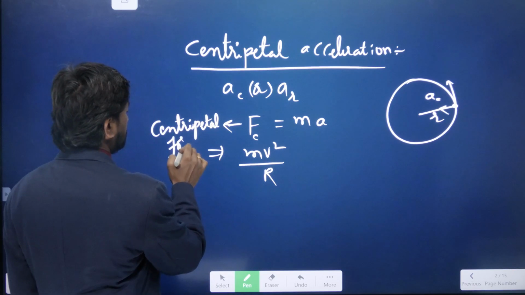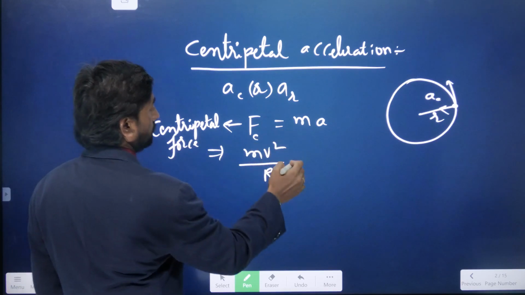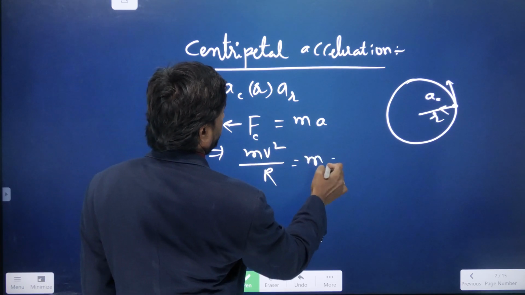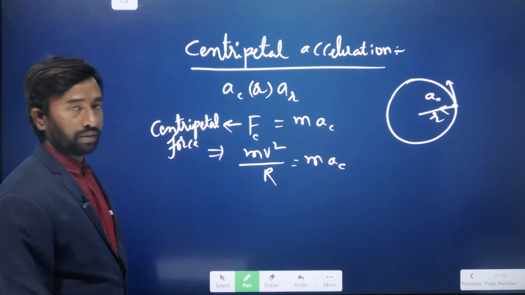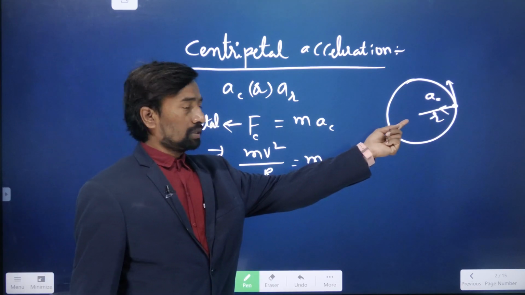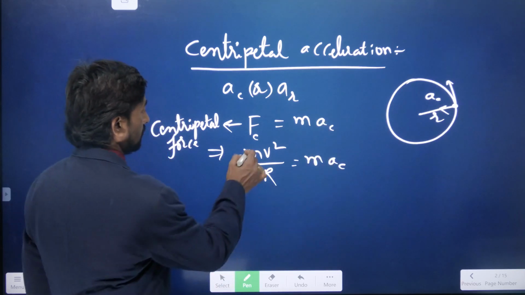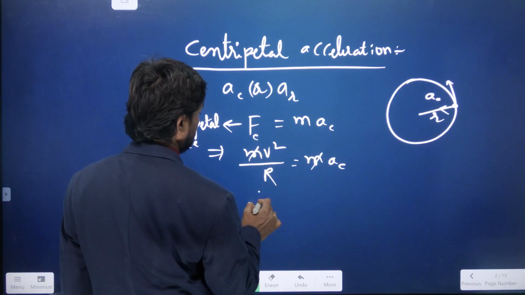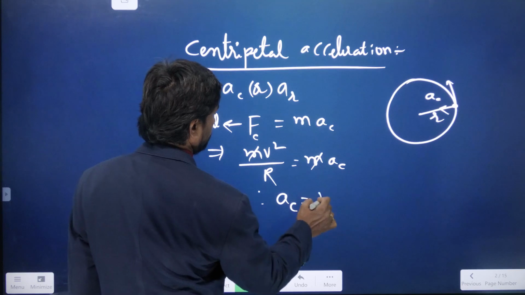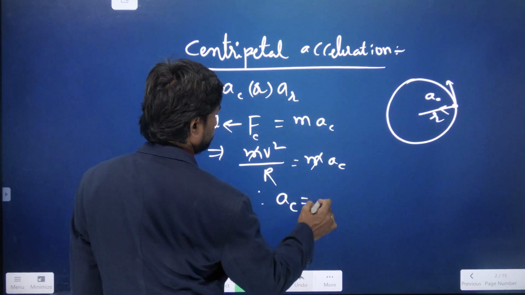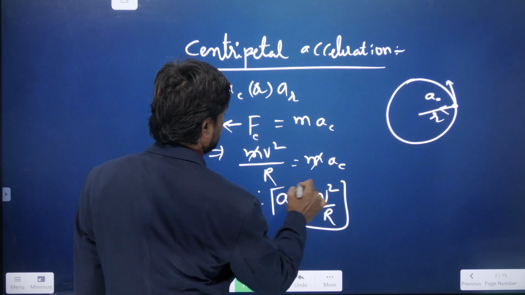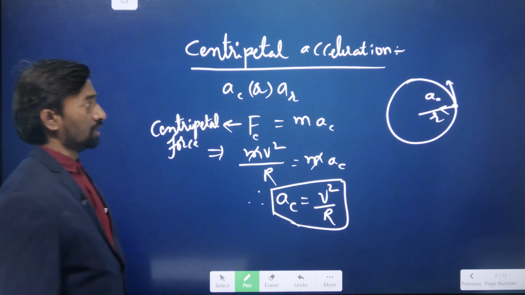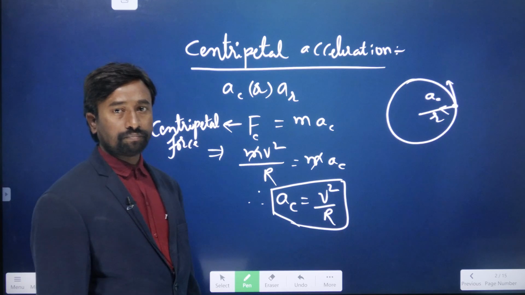So centripetal force is equal to mass of the body and acceleration along the radius, towards the center. Okay, now here mass and mass will be cancelled there. Therefore a_c is equal to v square by r. So this is the centripetal acceleration formula.